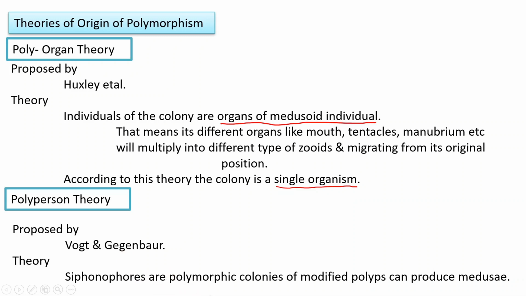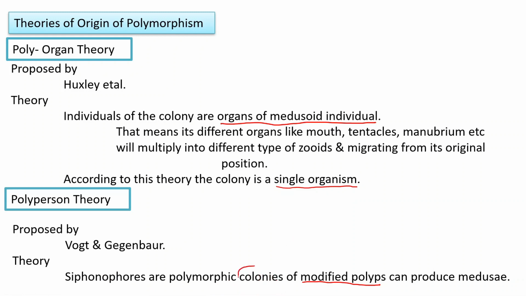They say that the colony is actually polymorphic, and they are all modified polyps, and they can produce medusa. So according to the theory, the siphonophores are polymorphic colonies.